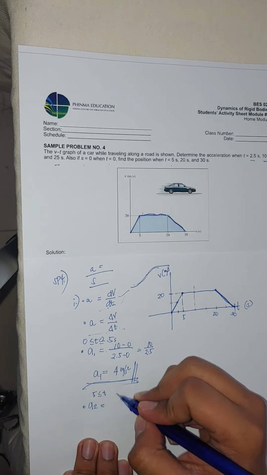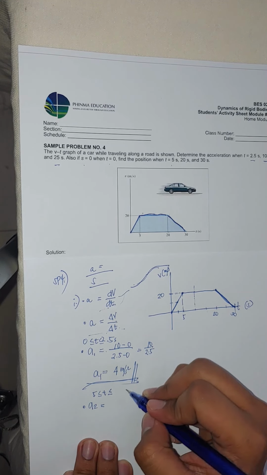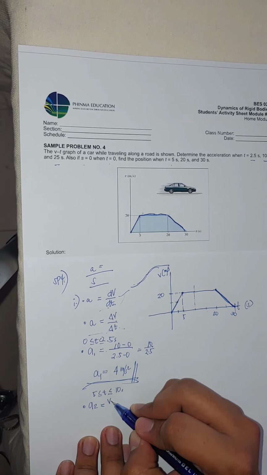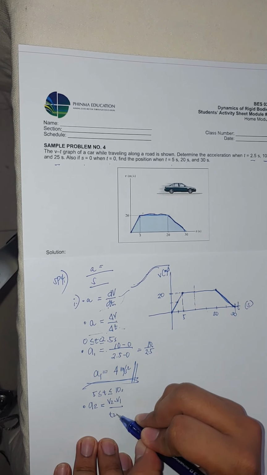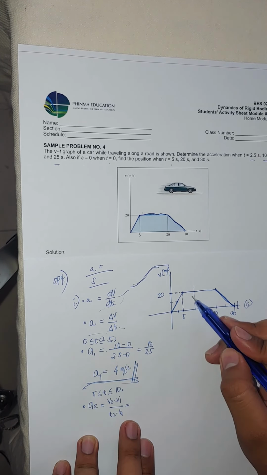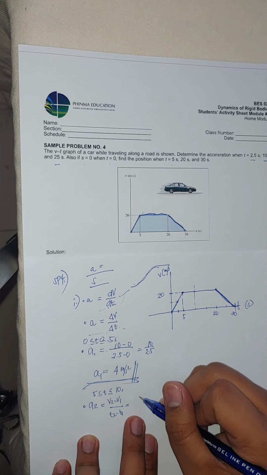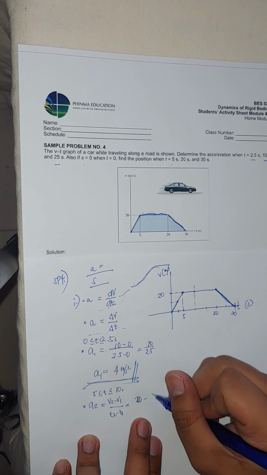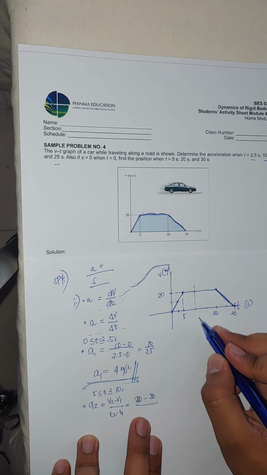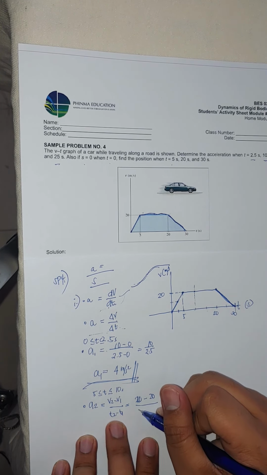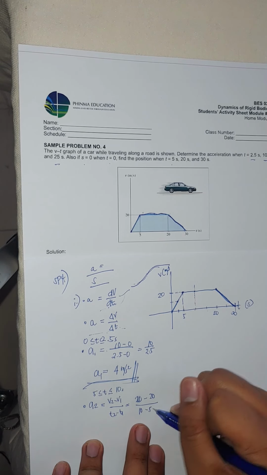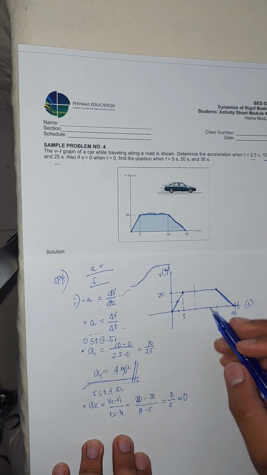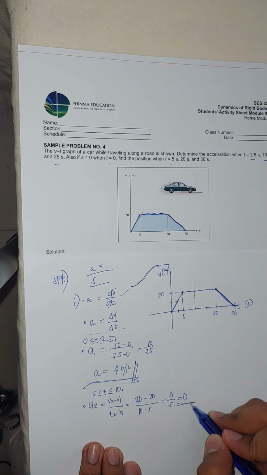So V2 minus V1 over T2 minus T1. Velocity 2 at 10 seconds is 20, and then velocity at 5 seconds is also 20, over time 10 seconds minus 5. This is 0 over 5. So the acceleration at 10 seconds is 0.